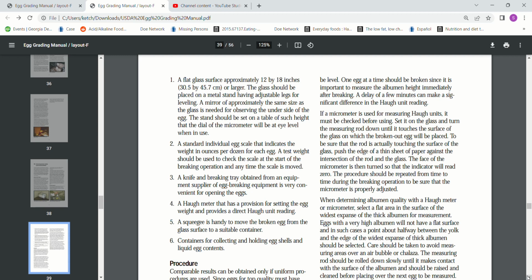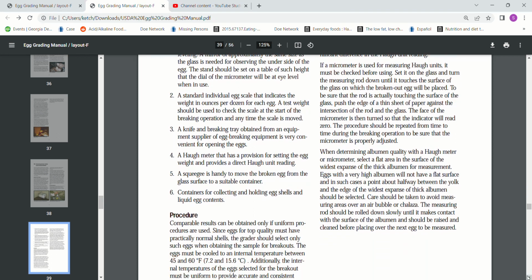The glass should be placed on a metal stand having adjustable legs for leveling. A mirror of approximately the same size as the glass is needed for observing the underside of the egg. The stand should be set on a table of such height that the dial of the micrometer will be at eye level when in use.